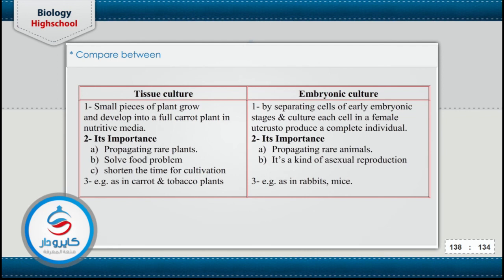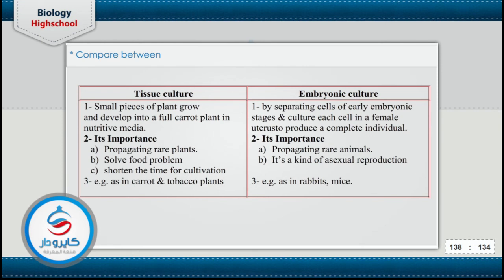The importance is the propagation of rare animals which are exposed to extinction, to increase their number. For animals exposed to extinction, the number decreases and the capacity of reproduction decreases, so we need to propagate this kind of animals.